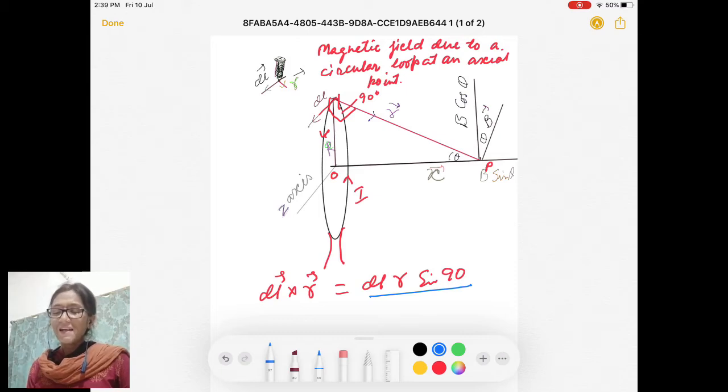So let me find direction using the corkscrew rule. Here I have drawn a vector parallel to dl, this vector, and another vector parallel to r, this vector, and both are, as we have discussed, at 90 degree. And we have to find the direction of dl cross r.